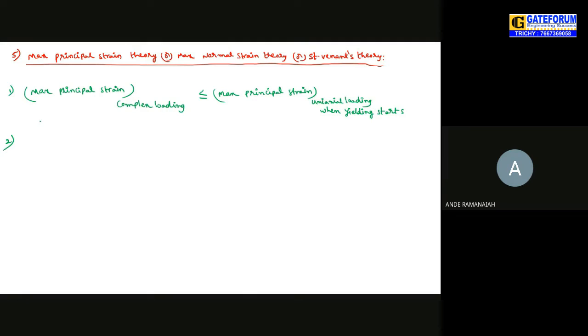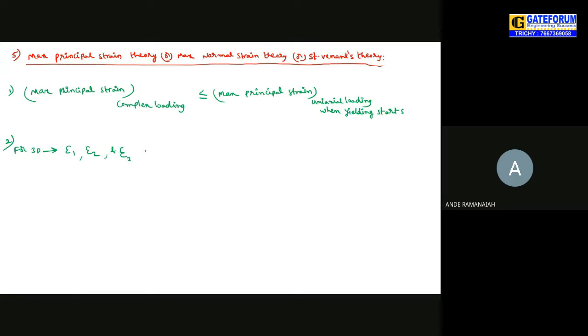Now similarly, the second step is the governing equation. You have to write the governing equation. So how will you write it? For 3 dimensions, there are 3 principal strains, epsilon 1, epsilon 2, and epsilon 3.